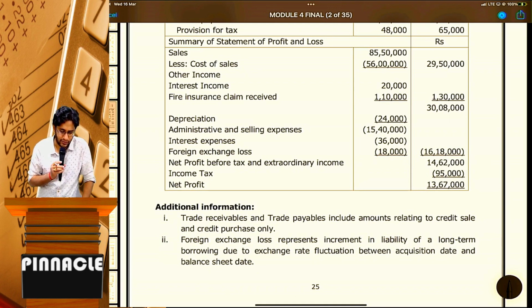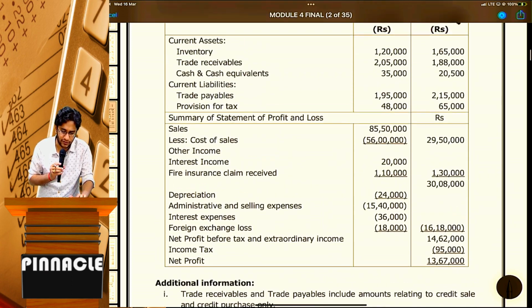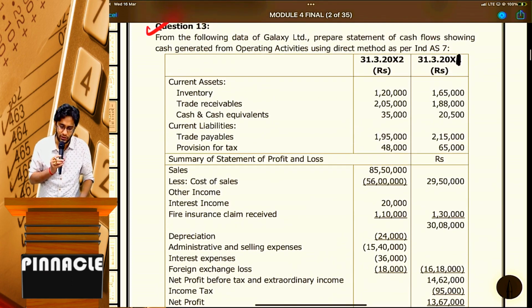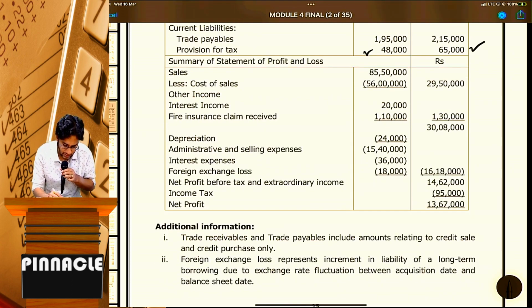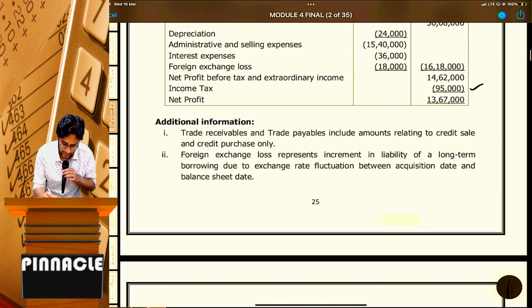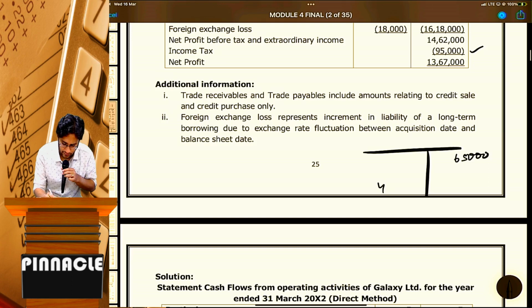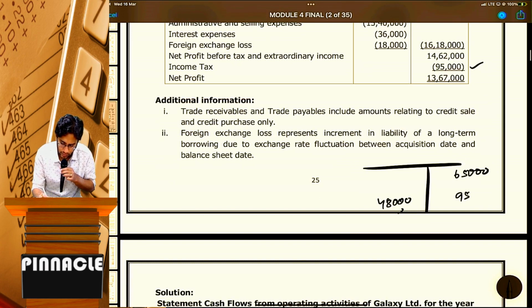Finally, tax 95,000. Go and see, do you have any provision for tax in the balance sheet? Yes, sir. So, opening balance 65, closing balance 48, current year provision is 95. That means if I prepare a provision for tax account, 65,000, 48,000, current year provision is 95. Go and work this out.